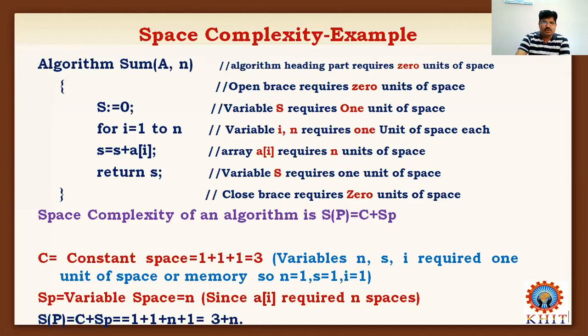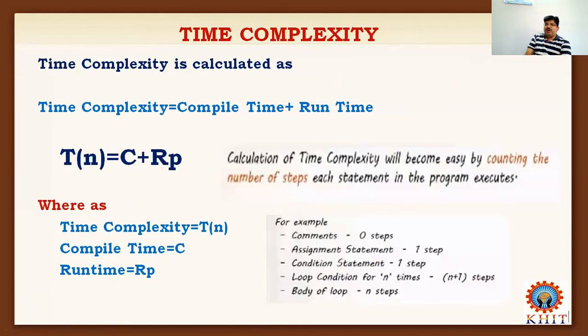Now we will move to the time complexity of an algorithm. How to calculate the time complexity of an algorithm? You can focus on two things. The first one is compile time. The second one is run time. So time complexity equals the sum of compile time and run time of an algorithm.